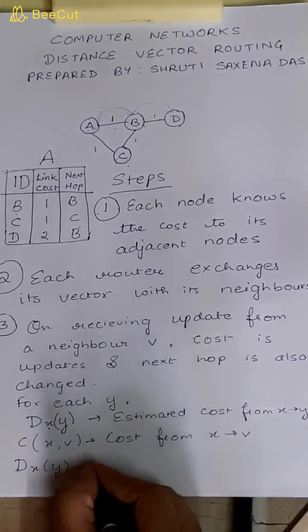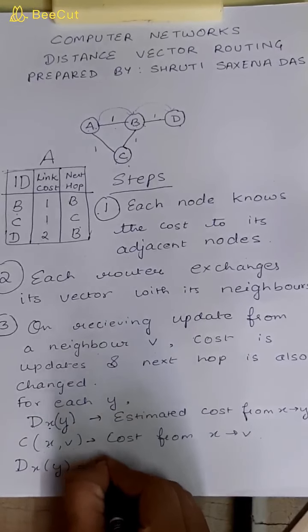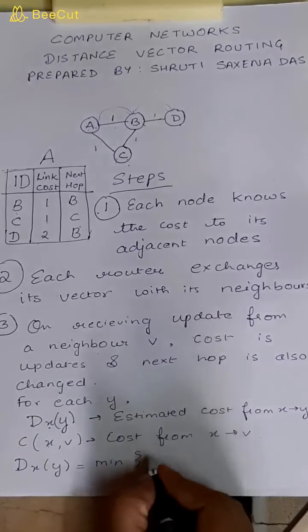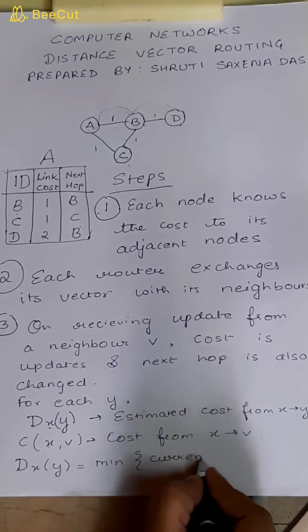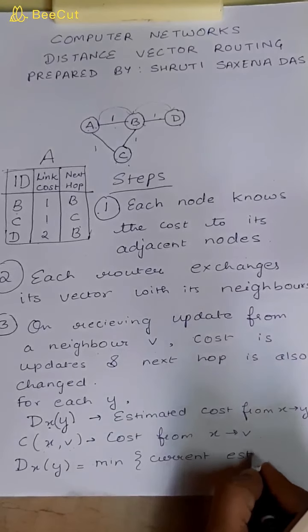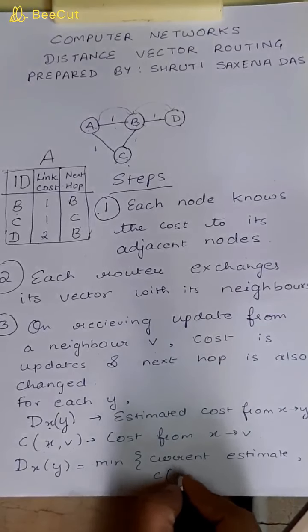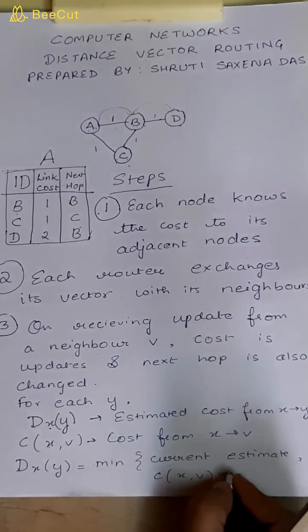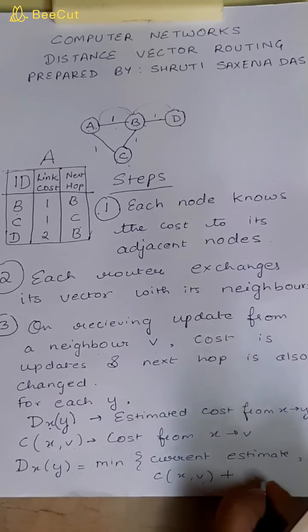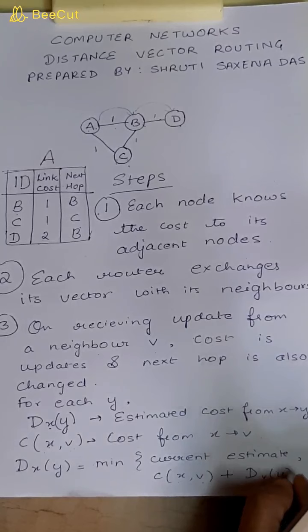In that case, how are we going to calculate this? We have to find the minimum of the current estimate and the cost from x to v plus the estimated cost from v to y.